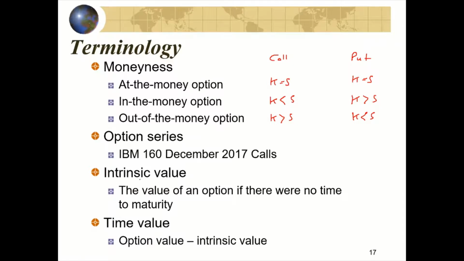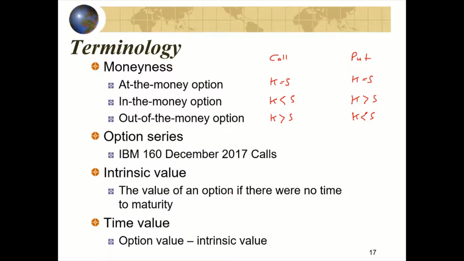Finally, we need to keep in mind an important definition for option values, which is the intrinsic value. The intrinsic value is the value of the option when there is no time to maturity.